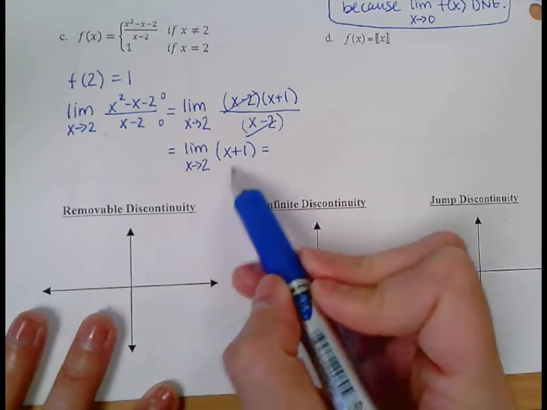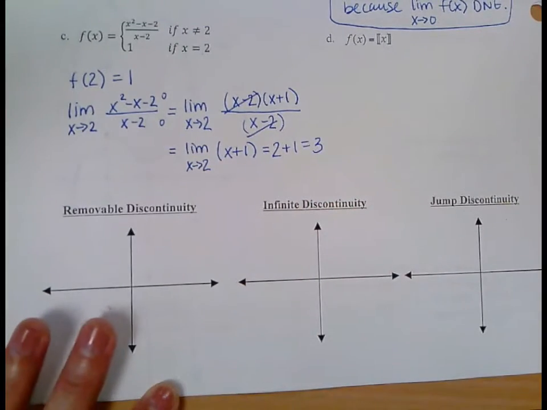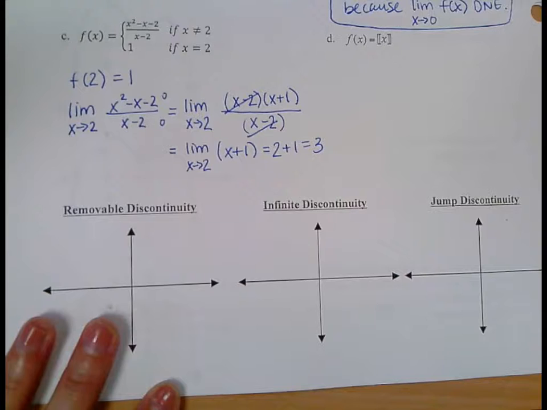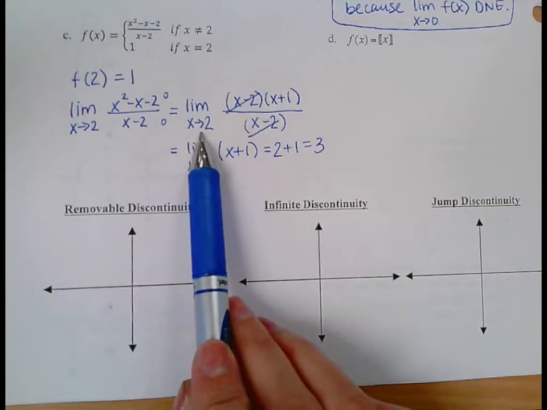Now if I use direct substitution, 2 plus 1 means the limit is 3. You should write it right away.